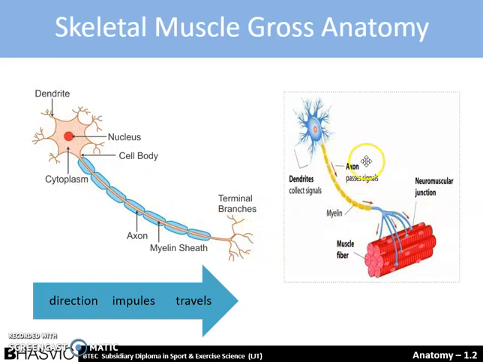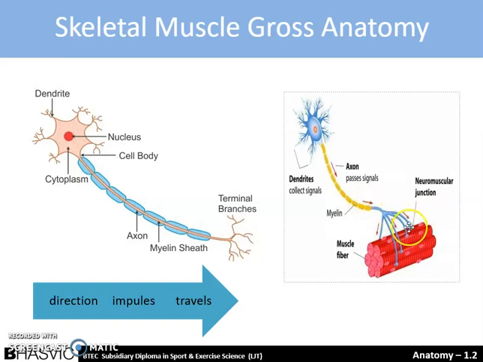This is another diagram showing the nerve cell connecting to an actual muscle fiber. In this section, the dendrites on these little tail parts collect the signal from another nerve cell. The signal travels down the axon through the myelin sheath, increasing the speed of the electrical impulse, to the axon terminal branches.